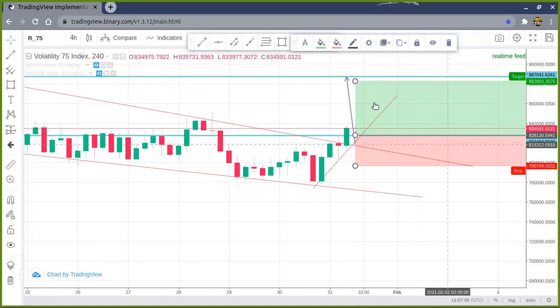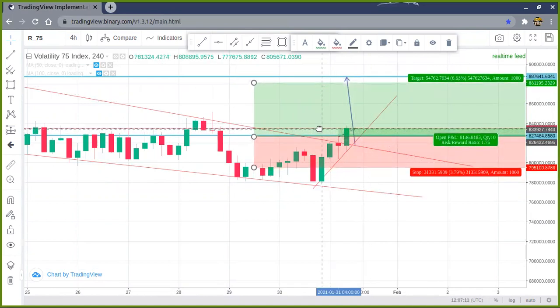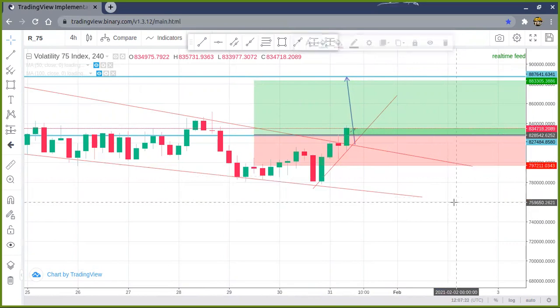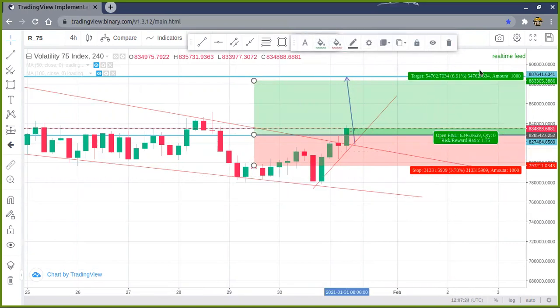So let's see if it gives us a good risk to reward. Okay, so here we can see we are risking 3.7% to make 6%. That's about 1:2.